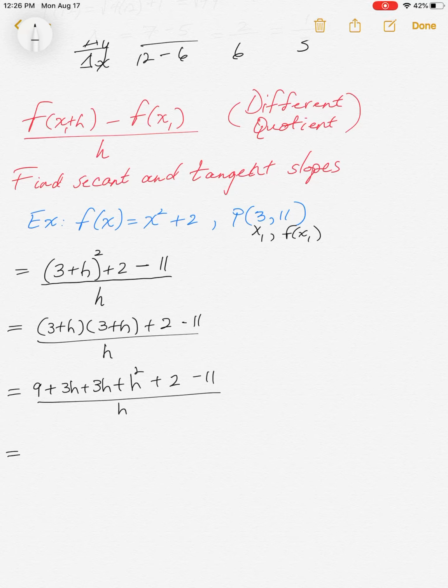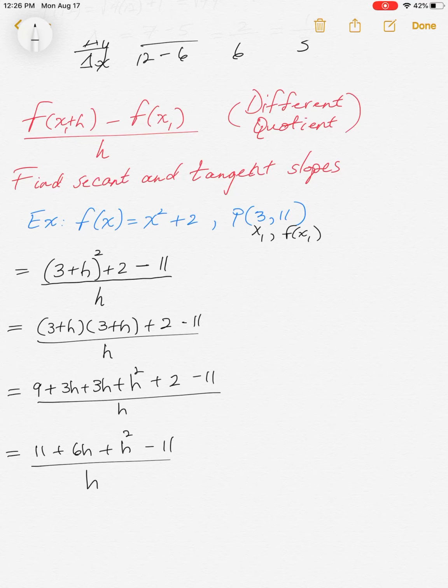Next, we have combining like terms. 9 plus 2, that's 11, plus 6h plus h squared minus 11 all over h.